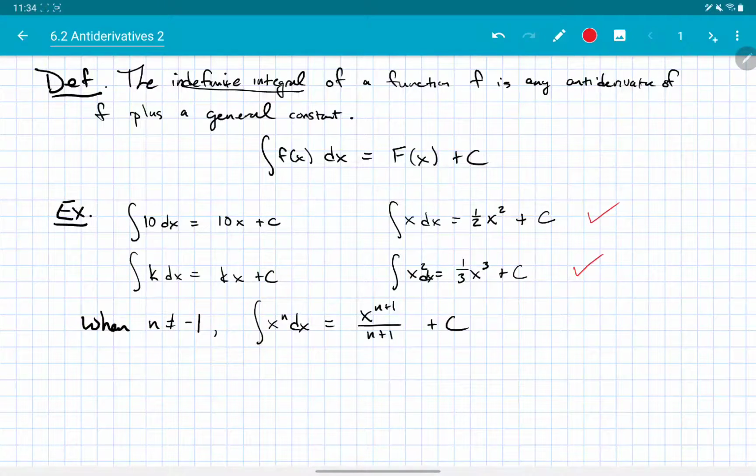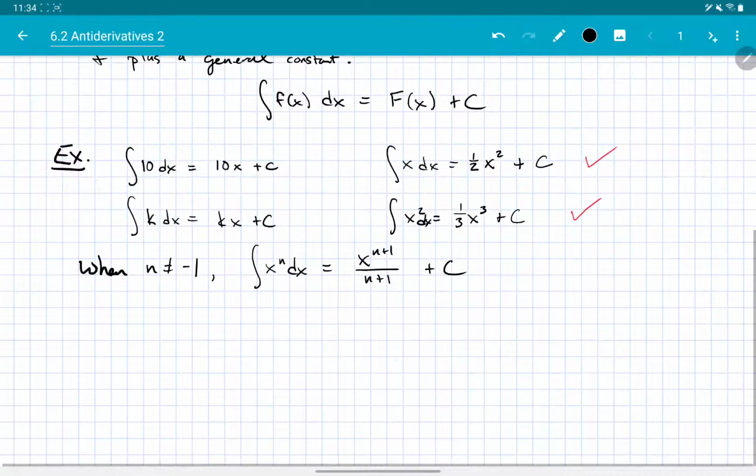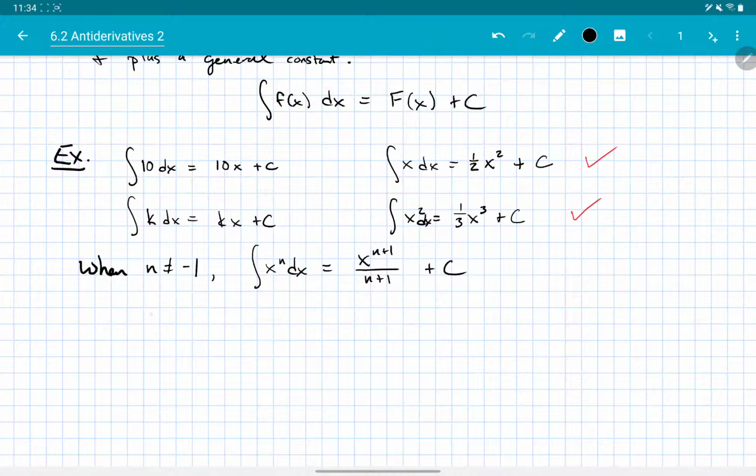That seems to be holding. Now, why n not equal to -1? Well, of course, when n equals -1, we're looking at 1 over x dx. What function's derivative is 1 over x? Perhaps you recall, that's the natural log. So we have natural log of x plus a constant.